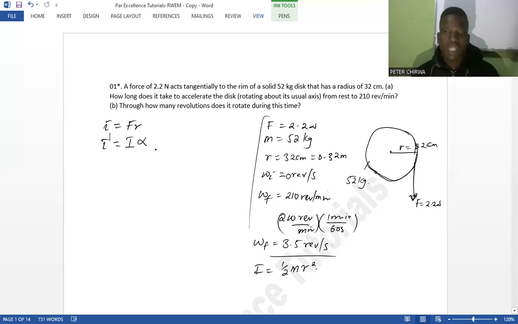So in this case, for us to get to time, we find first the angular acceleration. From angular acceleration, we can get the time, the how long the question is asking us to find.